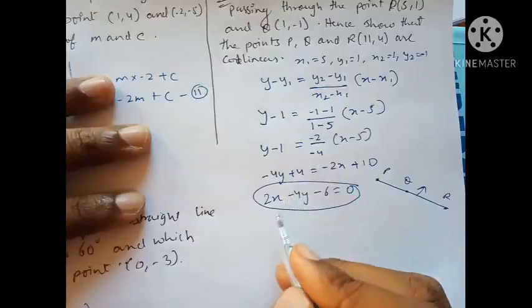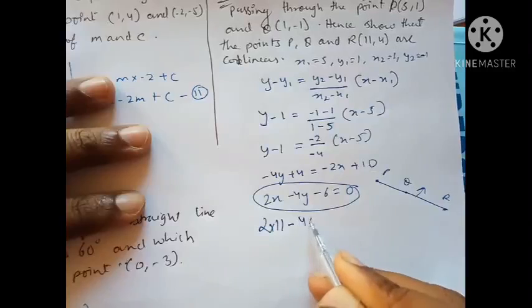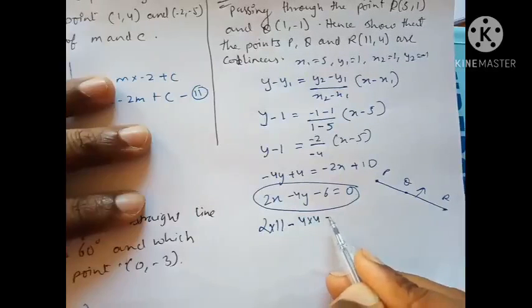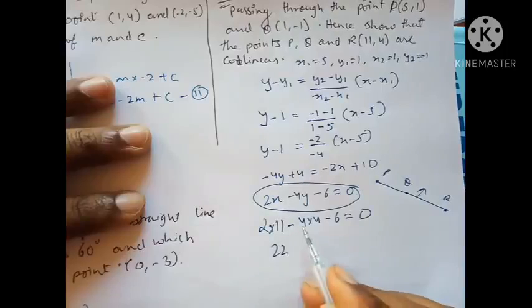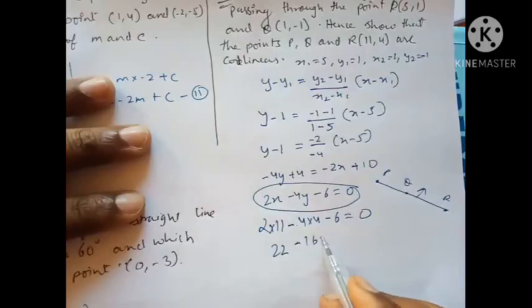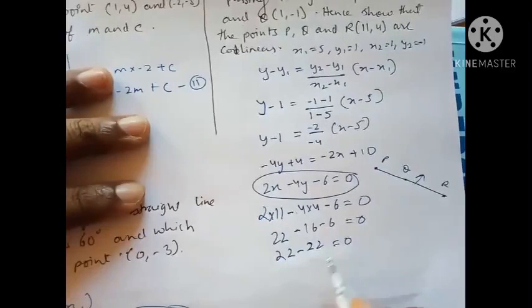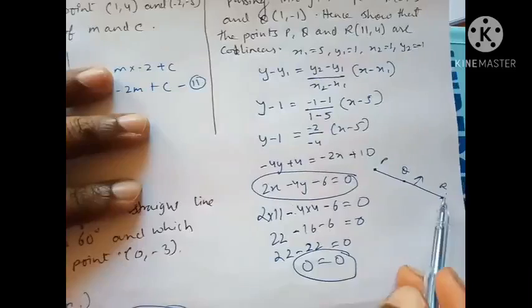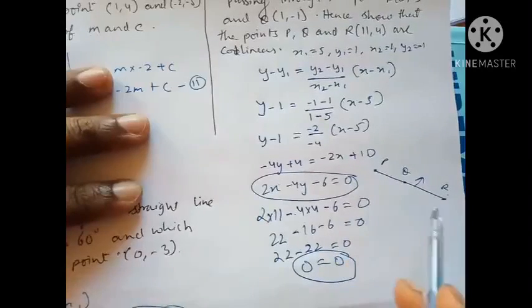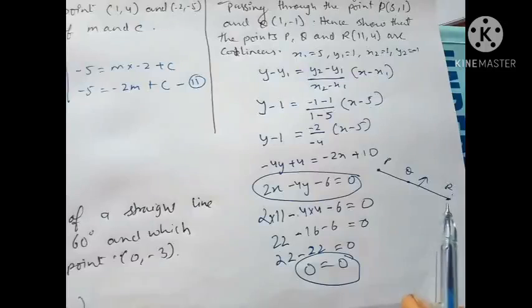So x is 11: 2 into 11 minus 4 into 4 minus 6 equals 0. 2 into 11 is 22, minus 16, minus 6, equals 0. 22 minus 22 equals 0. Is 0 coming on both sides? Yes. It means R is a collinear point. They all are lying on the same line. P, Q, R are lying on a straight line.